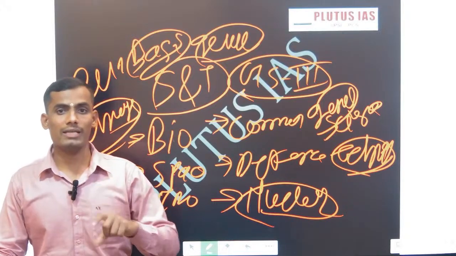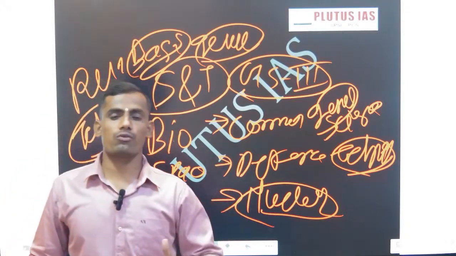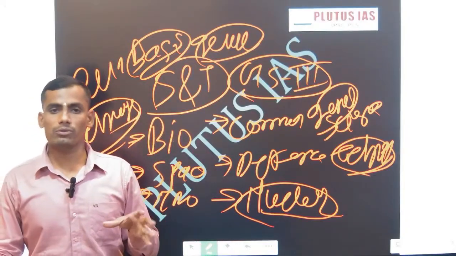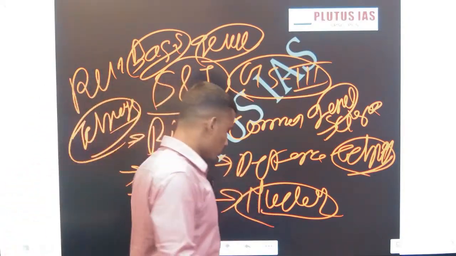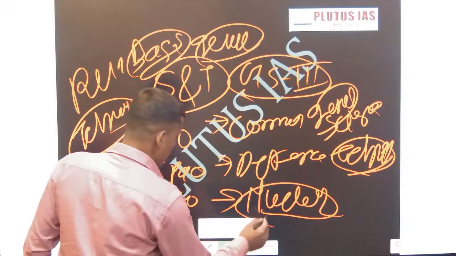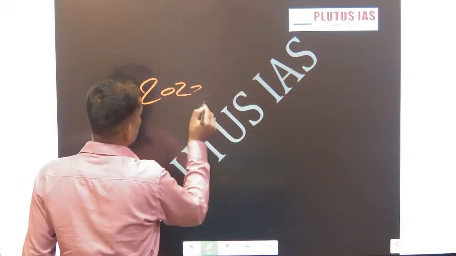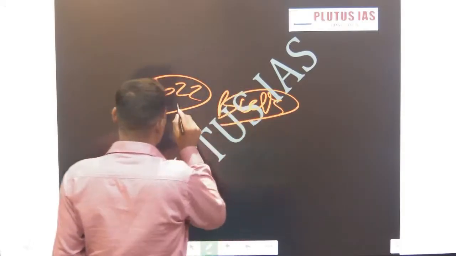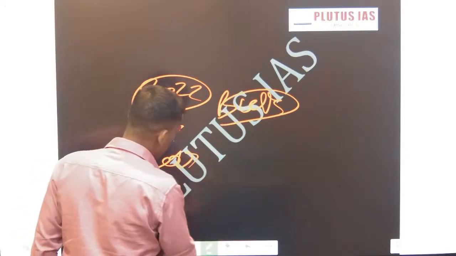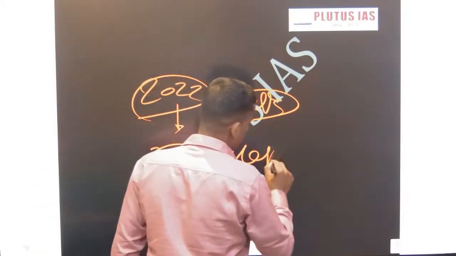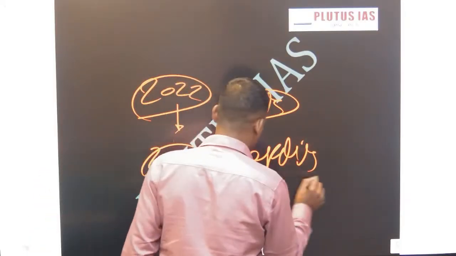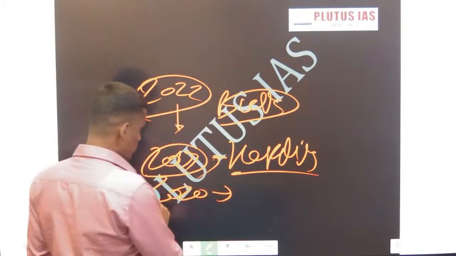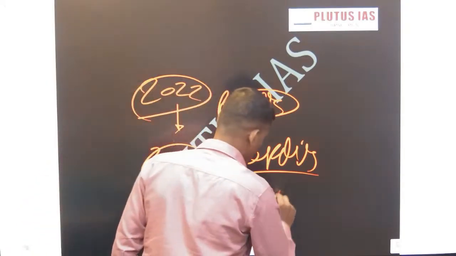Basic science is what state PCS focus on, but even so, in 2022 there was one question on basic B cells, that is basic biology. In 2019 there was a question on the hepatitis virus, and in 2020 there was a question on a particular cell.